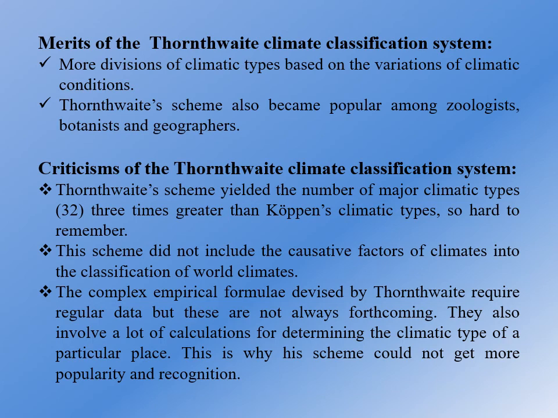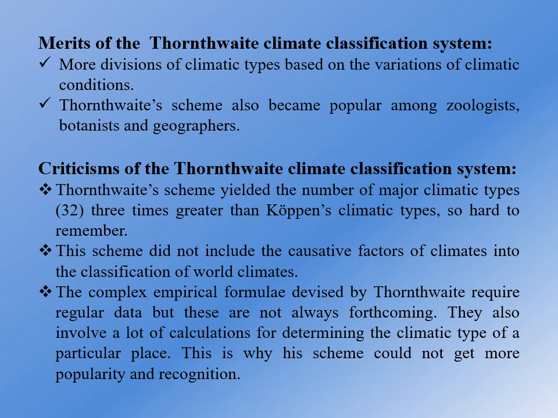So often the scheme did not get popularity among common people. Although geographers, botanists, and zoologists used this scheme very well, among climatologists this scheme becomes very cumbersome because it involves a lot of calculation, so it does not get much popularity.